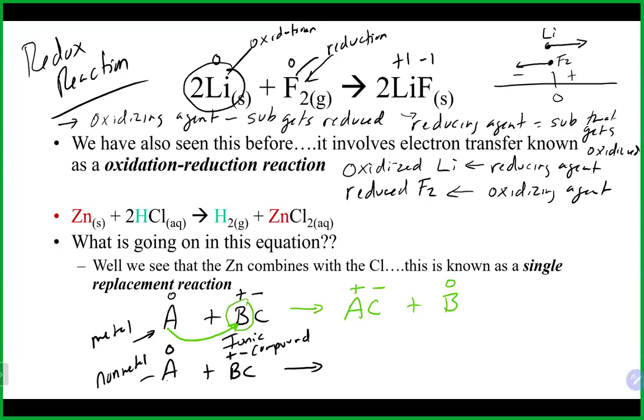So in this case, the nonmetal will come in and kick out the negative guy instead of the positive guy. It will then make a new ionic compound where it has a negative charge, and the one that gets kicked out comes out by itself with no charge. This is what is known as a single replacement reaction.